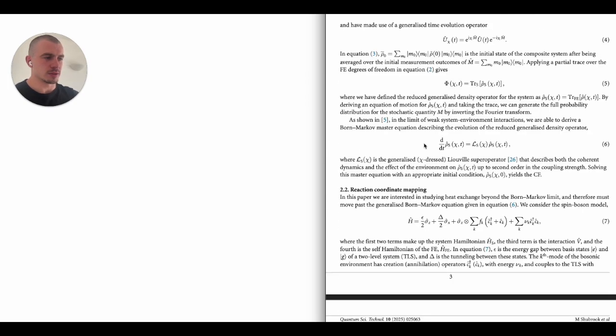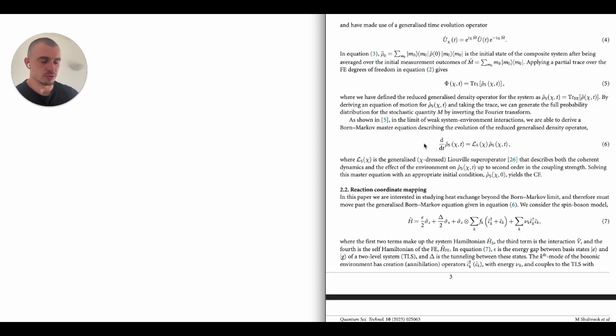And that's good news for us, because if we were limited to only using that weak coupling master equation, then we could only look at heat counting statistics in the weak coupling regime, which isn't what we want to do. We want to look at it in the strong coupling regime. And essentially what that's going to mean is that all we need to do is generalize with this chi parameter a master equation which is valid in the strong coupling regime.